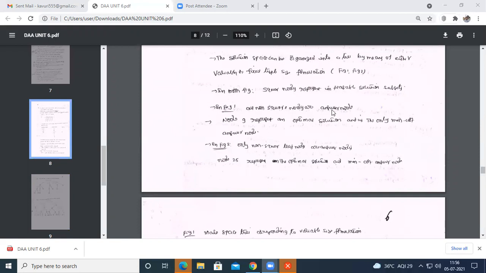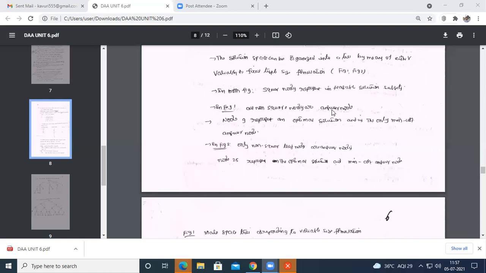Square nodes represent infeasible solutions, meaning the jobs are not completed within the deadline. Non-square nodes, that is circle nodes, represent answer nodes, meaning feasible solutions, though not necessarily optimal solutions.